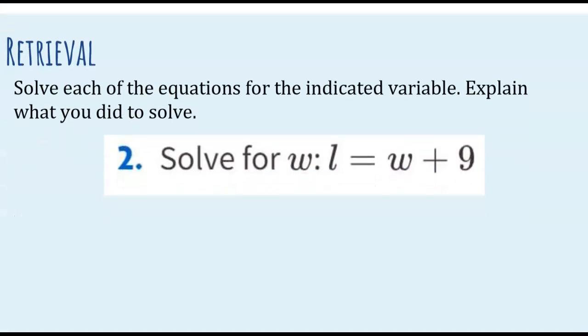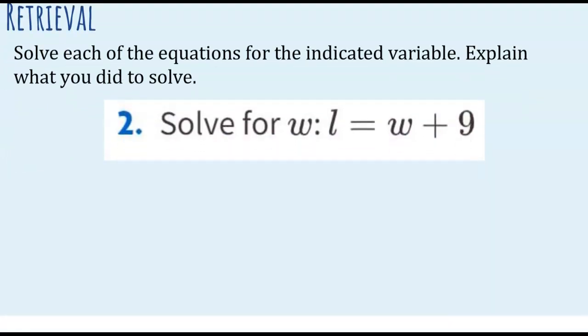Solve this one for W. L equals W plus 9. So we'll take our same line. We're solving for W, so we want to circle that variable. We'll highlight our other terms we need to get rid of, which is just a plus 9 in this case.